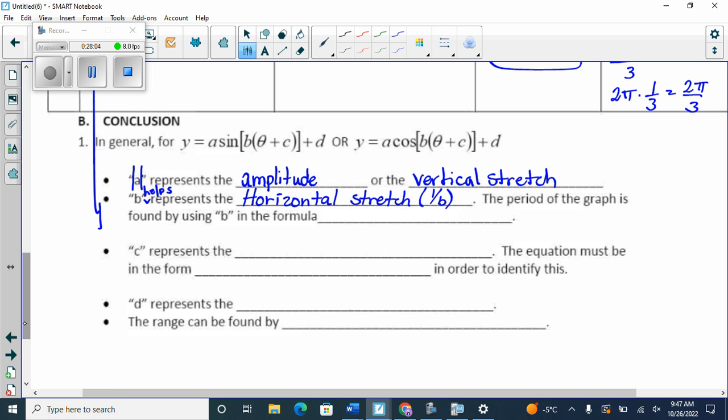The period of the graph is found by using B in the formula what? 2 pi over B or 360 degrees over B. C represents the horizontal phase shift.